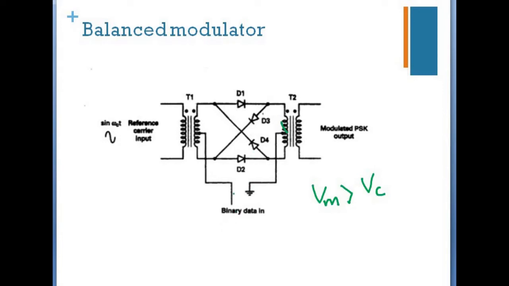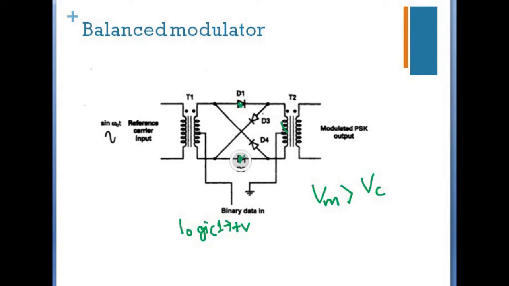If a positive voltage is applied to the balanced modulator, the positive voltage we can get from the level converter. If logic 1 is given to the level converter, we get plus volt. If plus volt is given to the balanced modulator, D1 and D2 are forward biased and on, D3 and D4 are reverse biased and off.